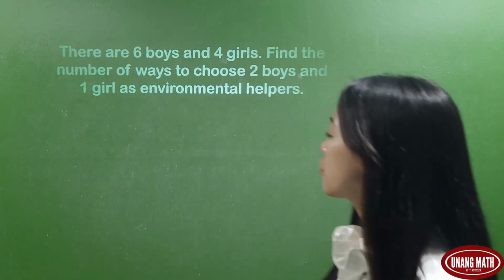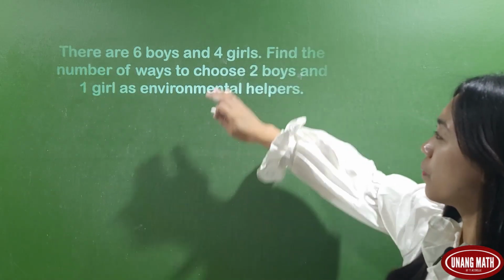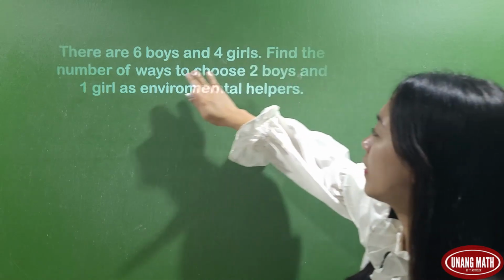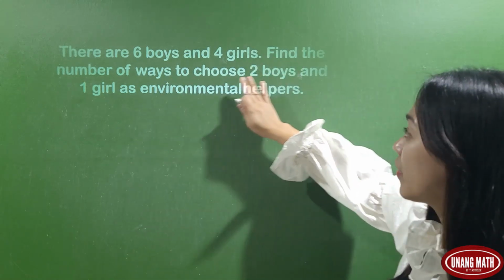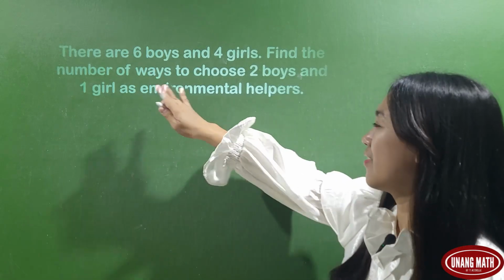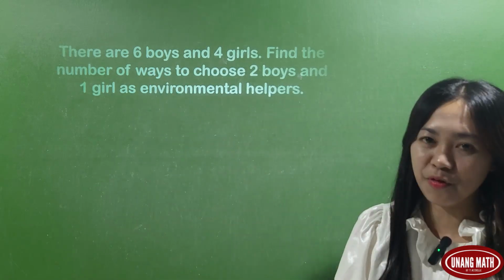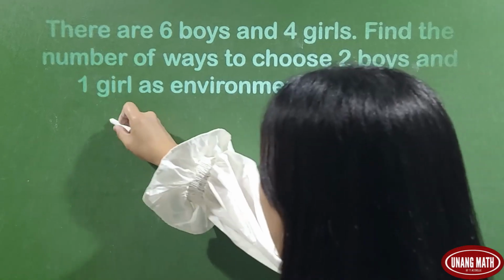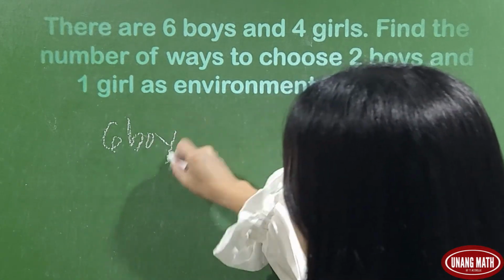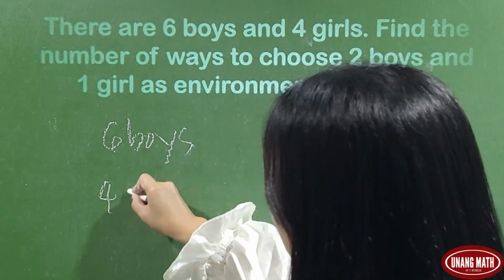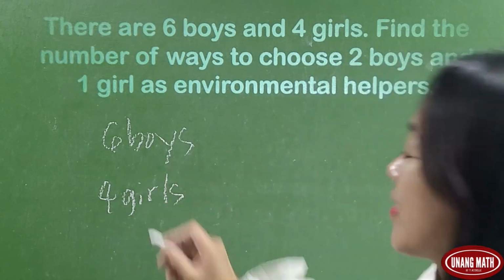And this first question is, there are 6 boys and 4 girls. We will find the number of ways to choose 2 boys and 1 girl as environmental helpers. So it's given that we have 6 boys and 4 girls.